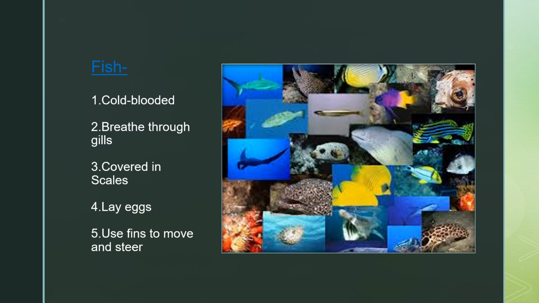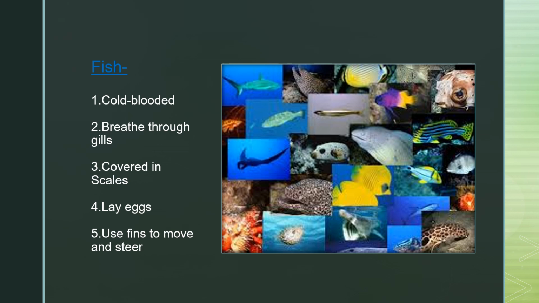There are over 30,000 known species of fish, but over 1,000 of these are threatened by extinction. This means that if we don't look after them, we may soon not have them anymore.